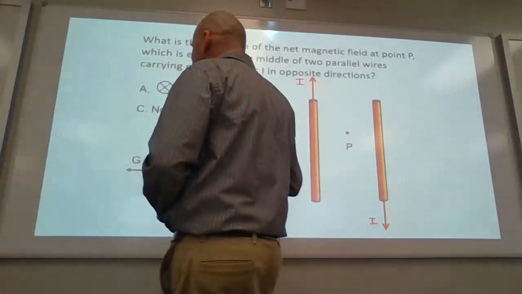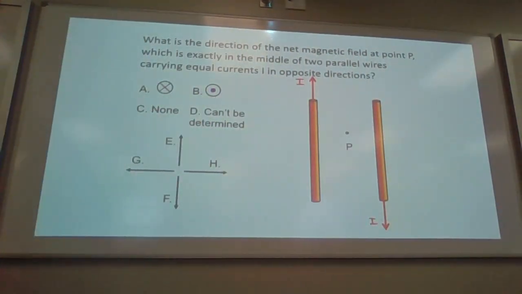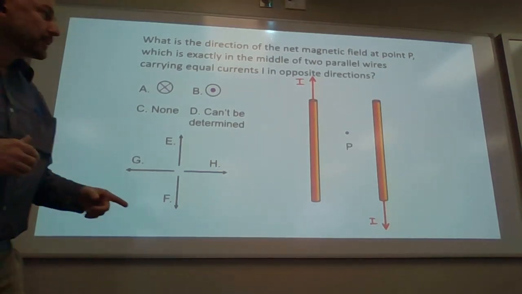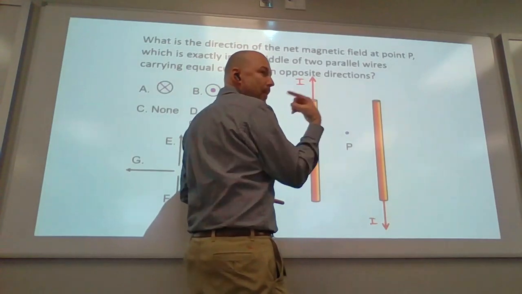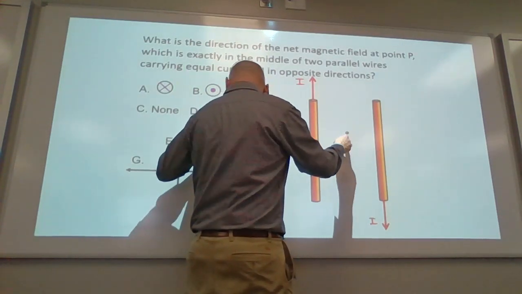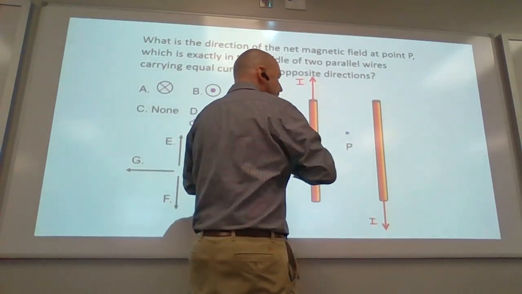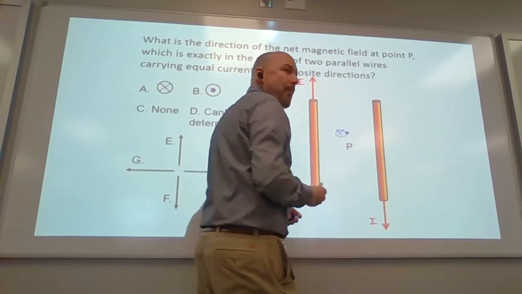Okay. So, is the magnetic field going in the same direction or opposite direction at point P? Well, this one's going around like this, but at point P, it's going into the page. That's when you're letting go.